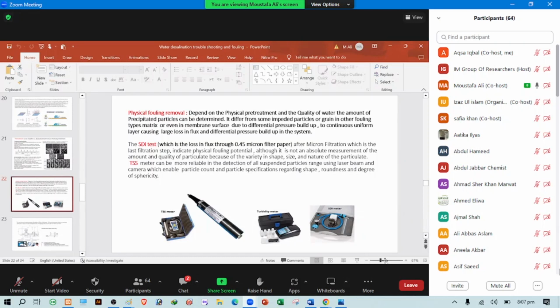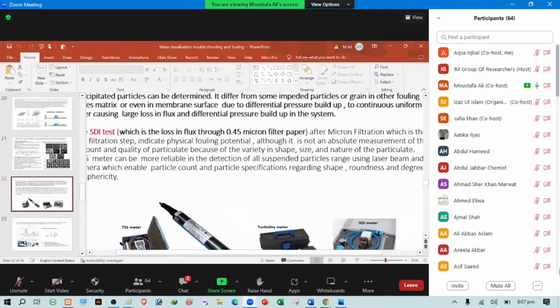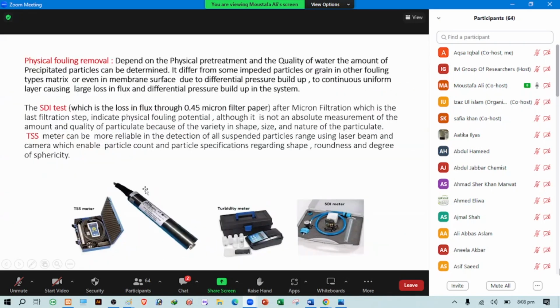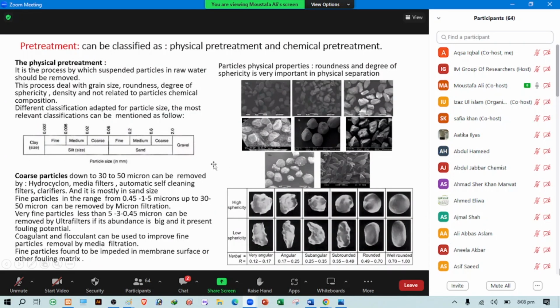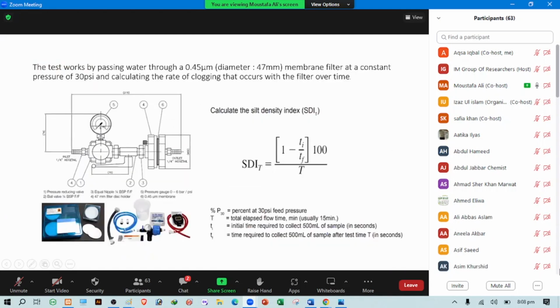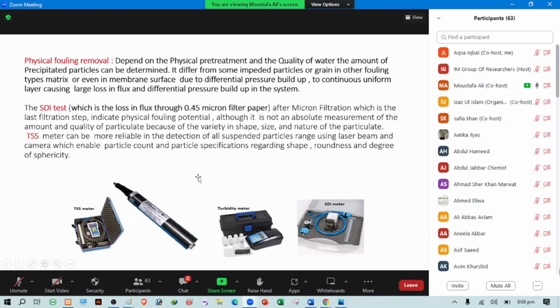So we have the SDI technique, and we have the turbidity, and we have the total suspended solids. All of this is included in the pretreatment for desalination, or even in the filtration systems. We'll talk about each one separately.